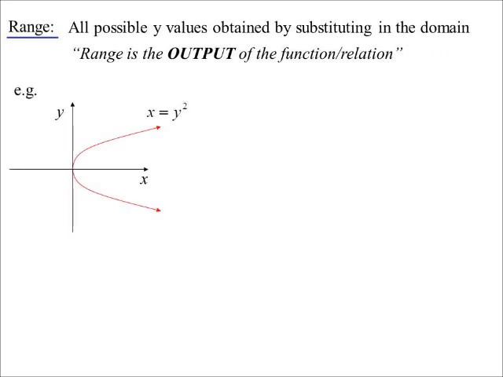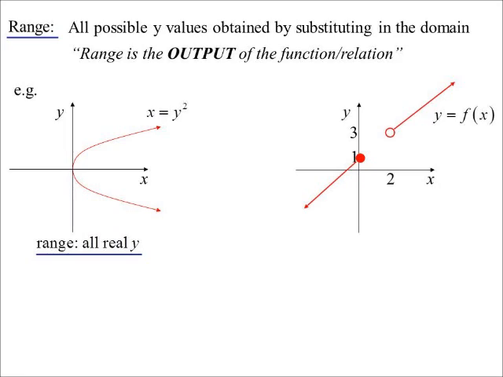We can just look at it and we can see that actually every y value is possible on that one. There are no gaps vertically at all. So all real y. The step graph there, we'd have y is less than or equal to 1 and y is greater than 3.